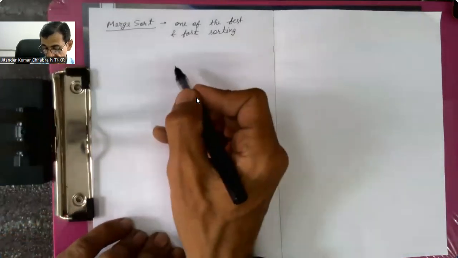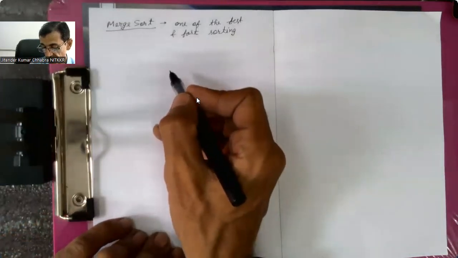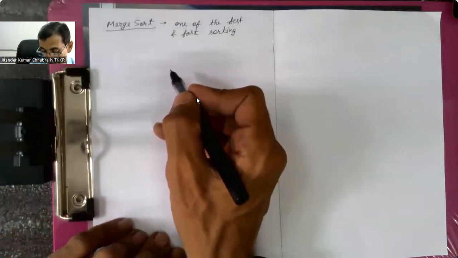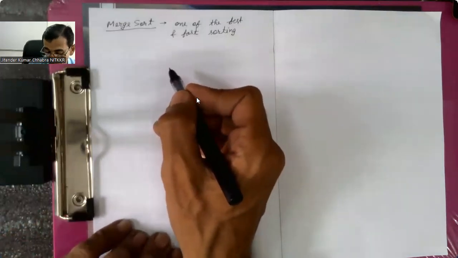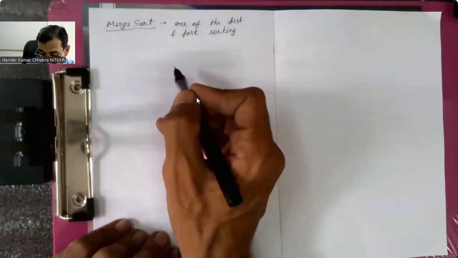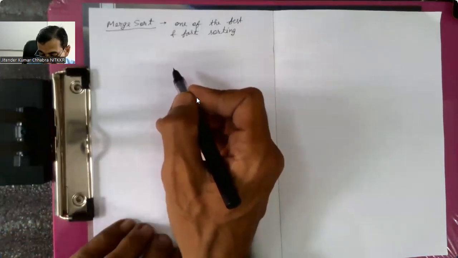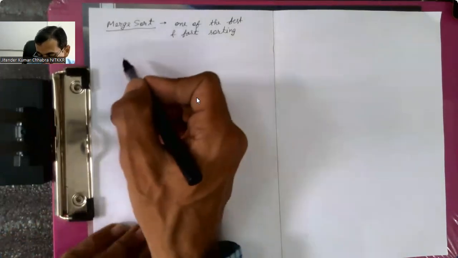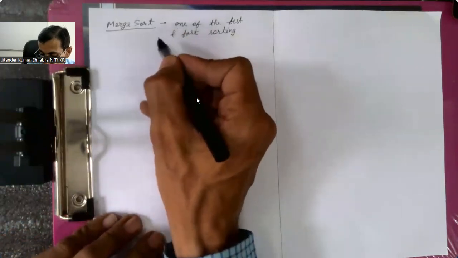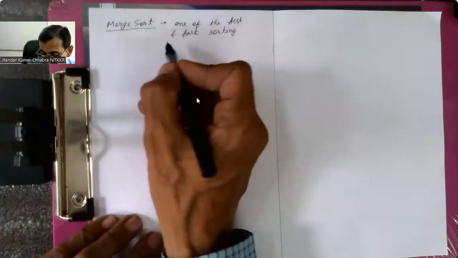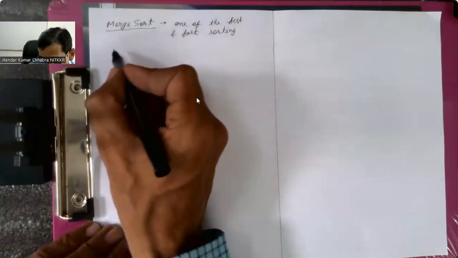Later, you will understand why it is fast and why it is so powerful. In algorithm design and analysis, you will study its complexity, efficiency and analysis issues. So then you will appreciate it more. But remember, this is one of the most useful and fast sorting algorithms.